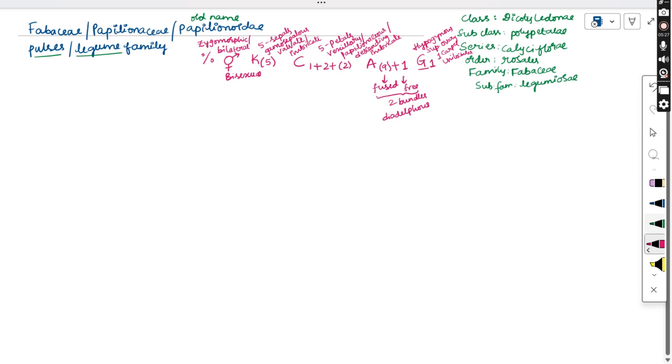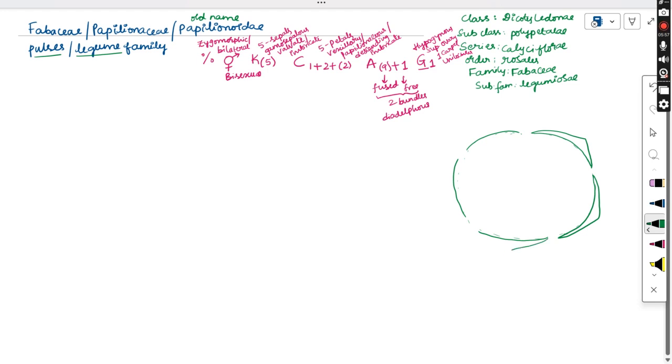So let us try to draw the floral diagram based on this floral formula. First we'll start with the outermost whorl, which is the calyx. A total of 5 sepals are present, so let us draw 1, 2, 3, 4 and 5 sepals.